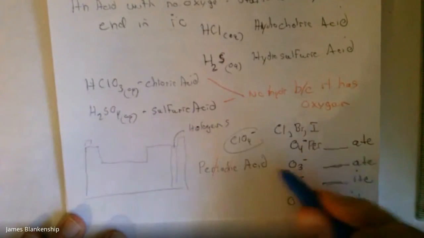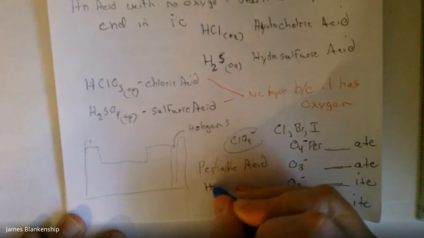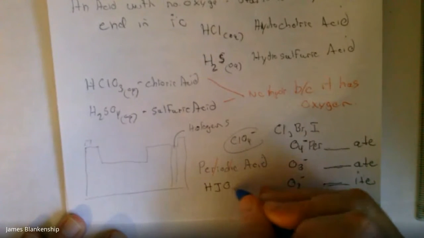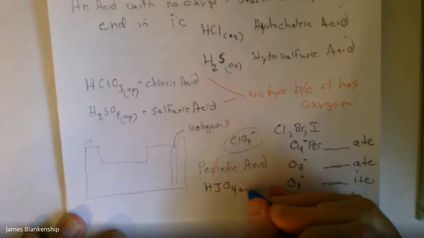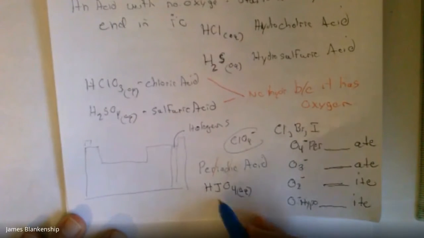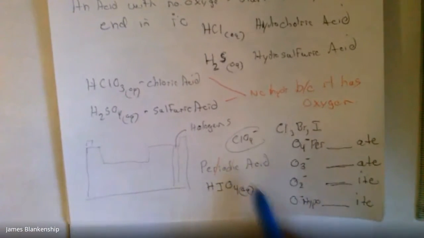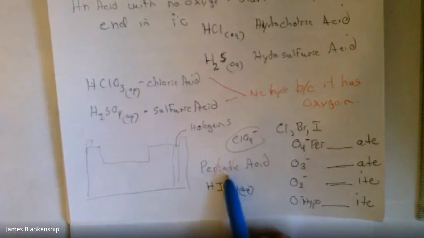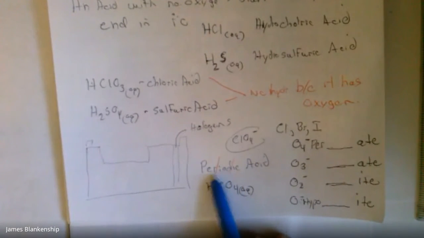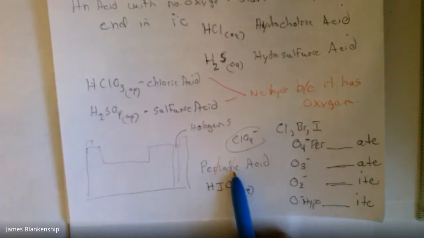So the formula for this wound up being HIO4, aqueous, periodic acid. But when I saw it and I read it, and I'm pretty sure the professor intended this, I did not ask them, but I'm pretty sure they intended it to be read as periodic acid, and I probably wasn't the only person who got that wrong on the test.